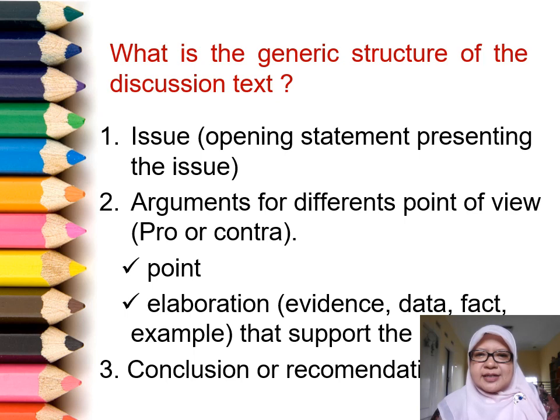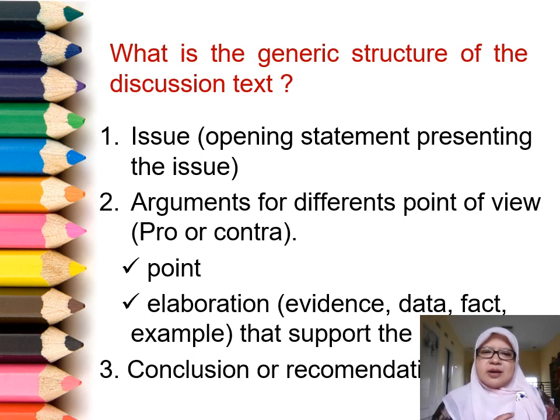Now, what is the generic structure of the discussion text? There is an issue, argument, and also conclusion. An issue is the opening statement presenting the issue, and the second one, argument for different points of view. There is pro and cons.